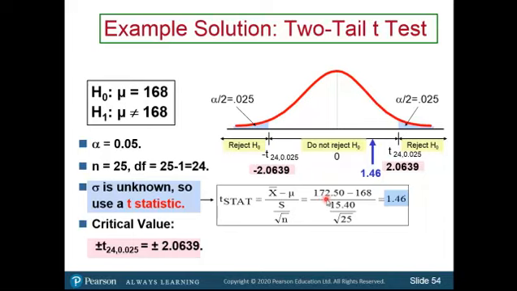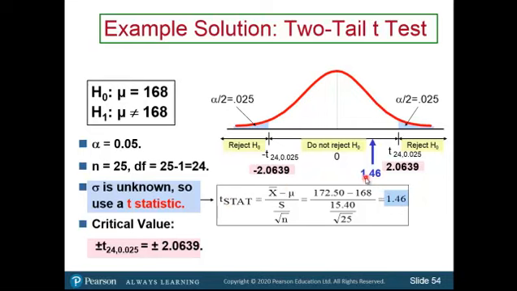So x bar is equal to 172.5 minus mu, the population mean 168, divided by 15.40, the standard deviation, divided by square root of 25, the sample size, and we have a value equal to 1.46. The value of 1.46 is stated as the t-stat or the t calculated.